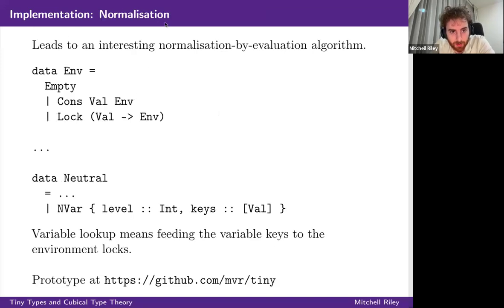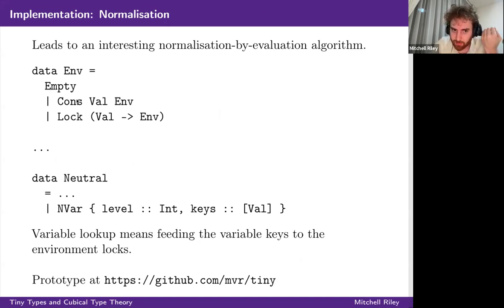Okay, so thinking about this very hard leads you to an interesting kind of normalization by evaluation algorithm. This is something that I've got a prototype for if you want to poke at it. In ordinary normalization by evaluation, you're evaluating your terms in an environment which corresponds to a semantic version of the context.